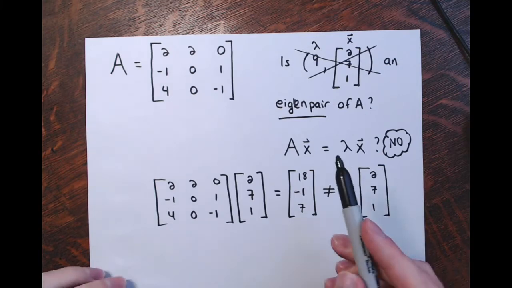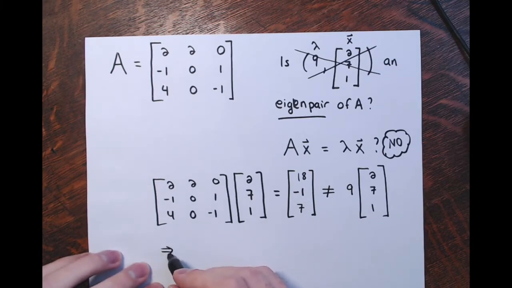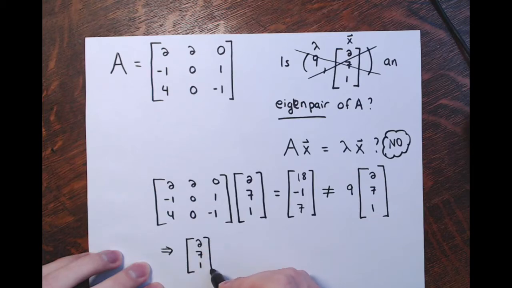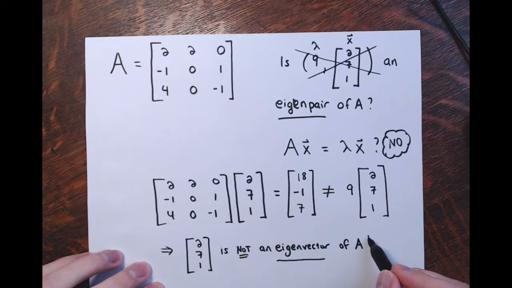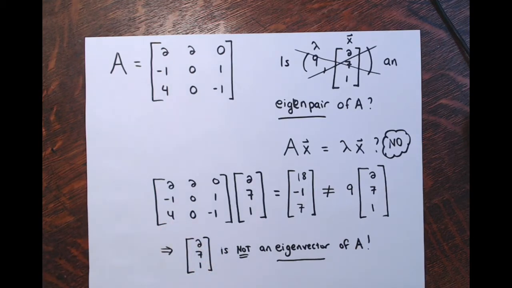So that tells me that the vector 2, 7, 1 is not an eigenvector of A, because when I multiply it by A, I don't get a scalar multiple of it. I get something totally different.